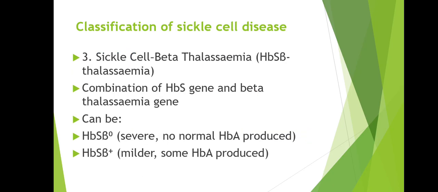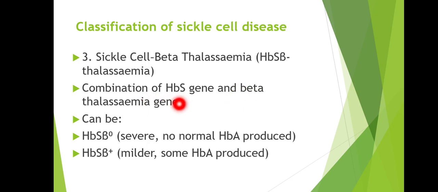Then we have what we call sickle cell beta thalassemia. Its genotype is HbS beta thalassemia. In this, we have a combination of the sickle cell gene and the beta thalassemia gene.